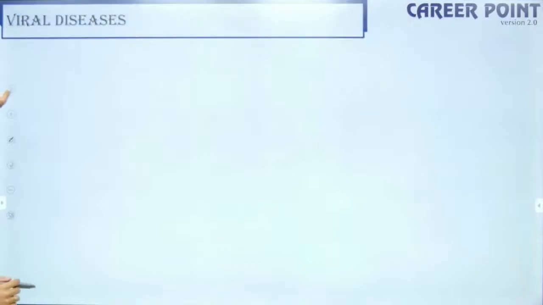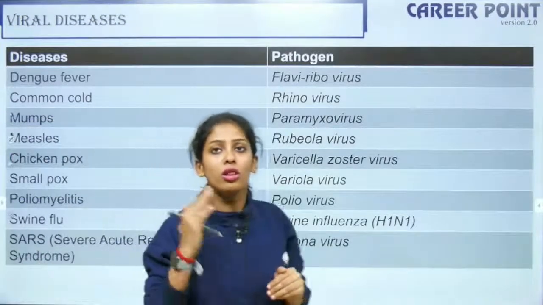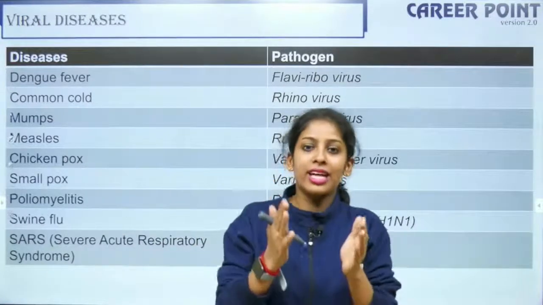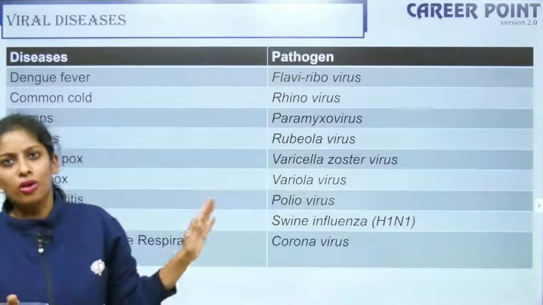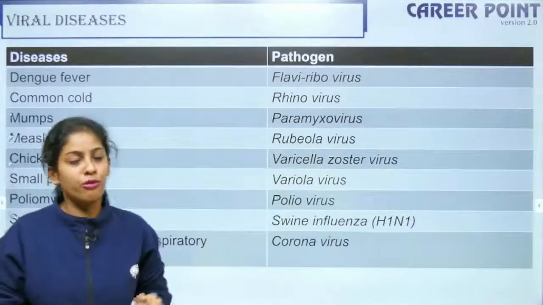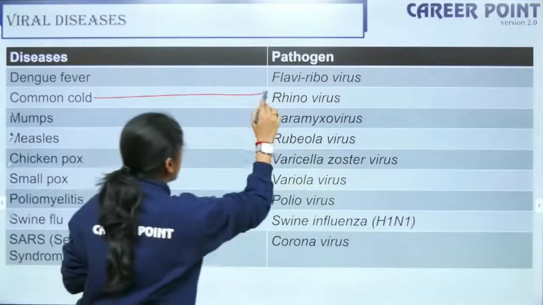So next we have viral diseases. As usual, your NCERT does not highlight all the viral diseases. The only thing mentioned is the common cold. Common cold, all of you know, is caused by a family of viruses called rhinovirus.